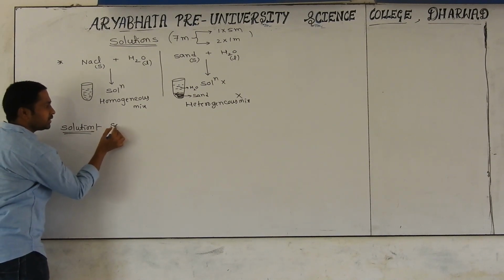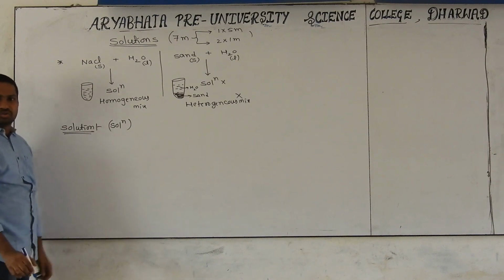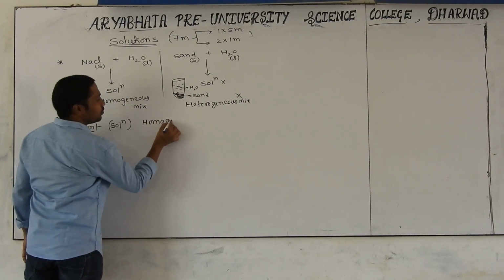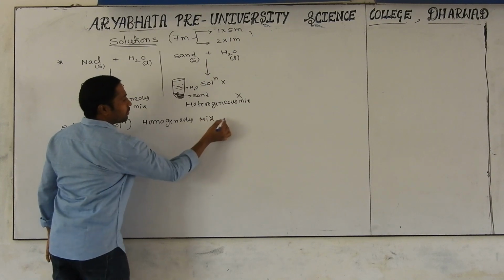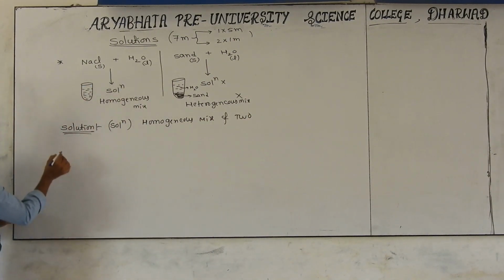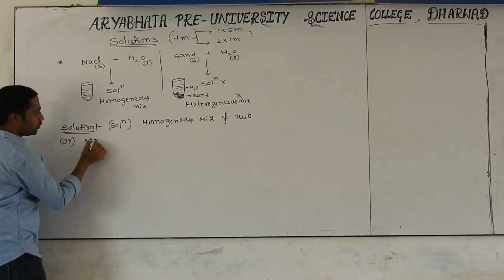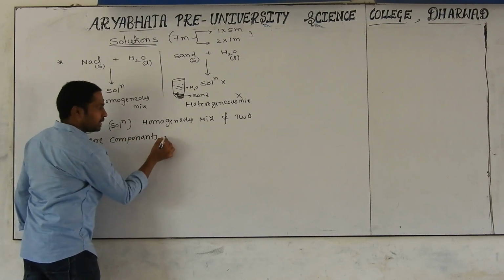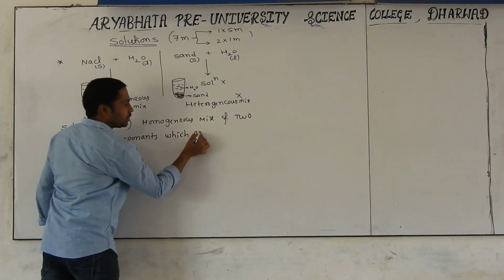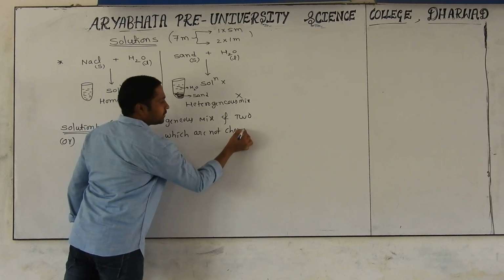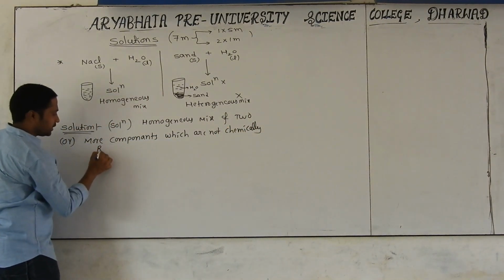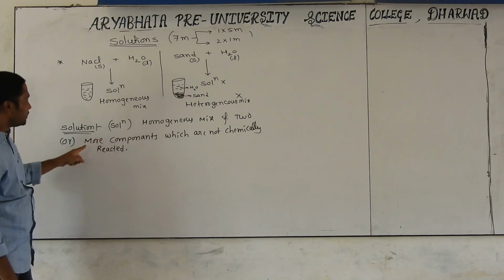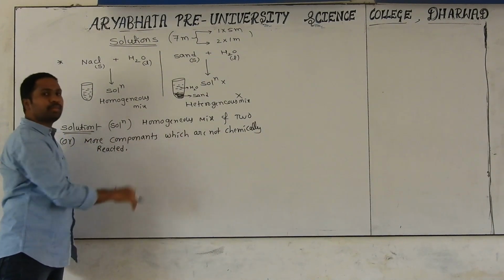A solution is a homogeneous mixture of two or more components which are not chemically reacted. Such homogeneous mixtures we call a solution. Once again, a homogeneous mixture of two or more components which are not chemically reacted.